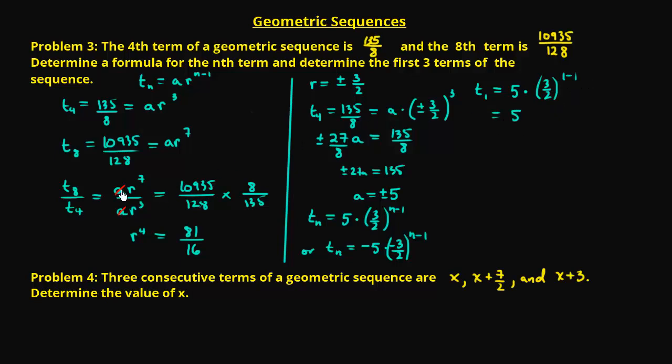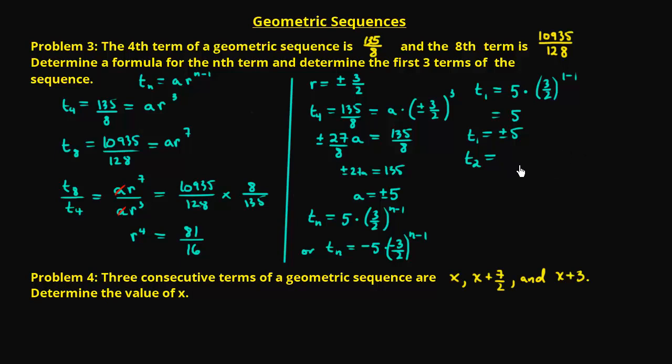And that's no surprise because we already solved for a. We've already got the first term, so really we didn't need to do this. But it just goes to show that our formula is correct. Now, because a could be plus or minus 5, it's important to note that t sub 1 could be plus or minus 5.